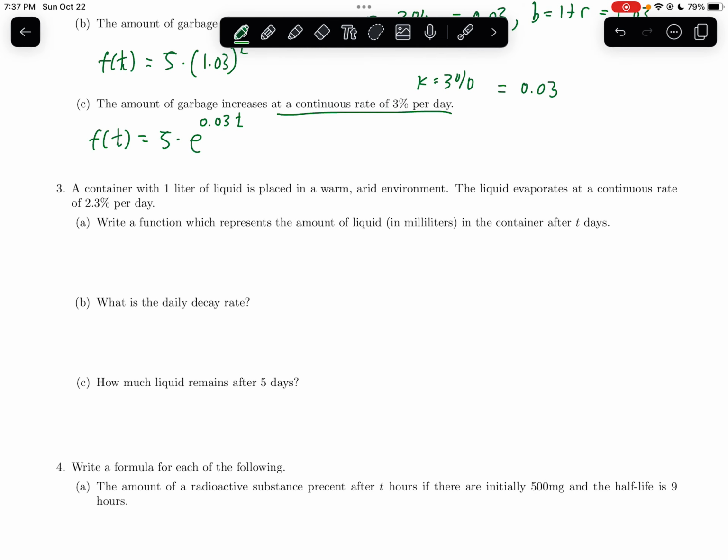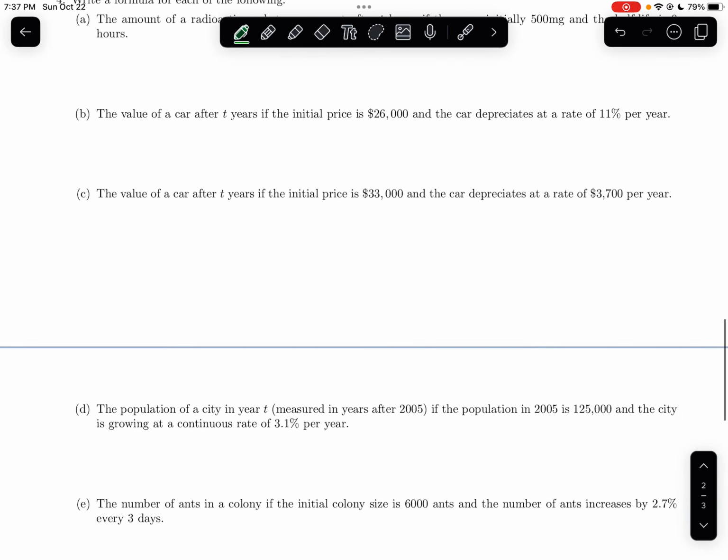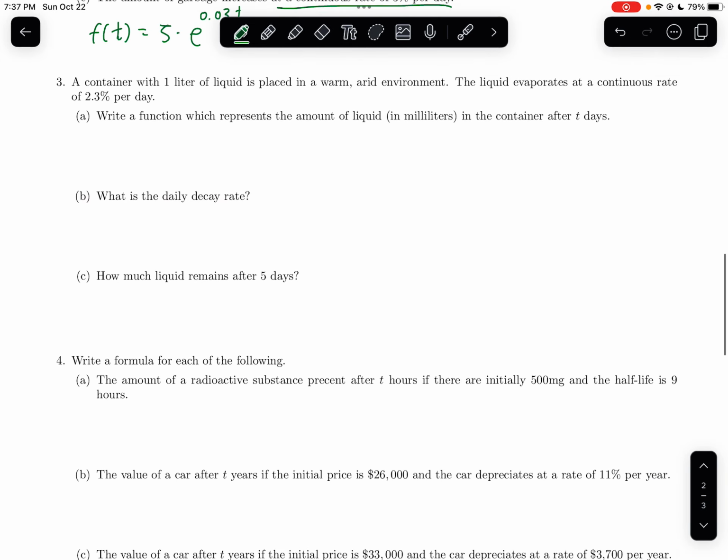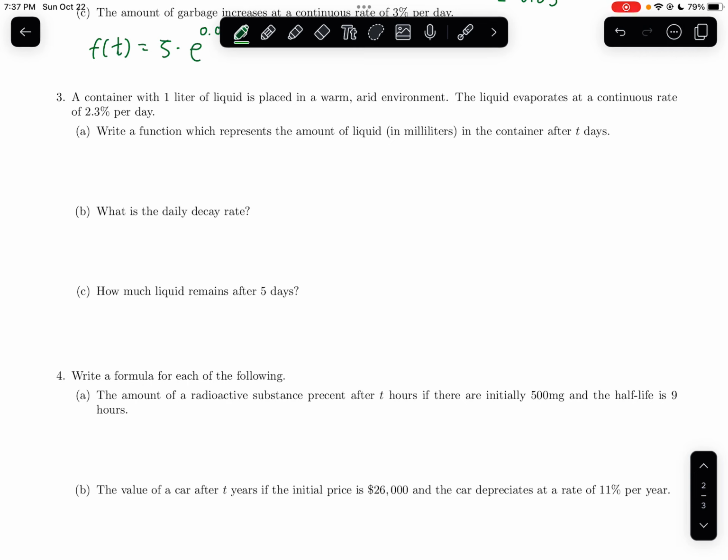Okay, lastly, I'll do question 3. So you have 1 liter of liquid, so that's your initial value. It evaporates at the continuous rate of 2.3%. So we know that this function has 1 liter initially, so it's 1.